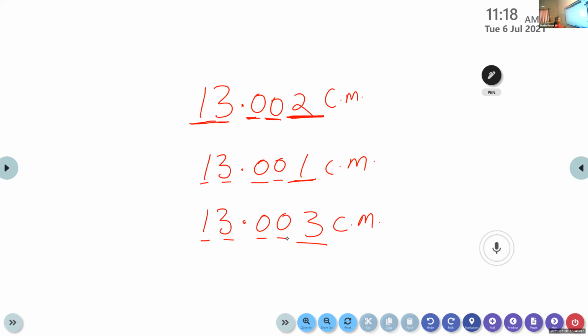By the term reliable digit, we mean that we are sure about those digits, or we have confidence in that measured value. And the uncertain digit is the digit that changes its value in each measurement. Is it clear?